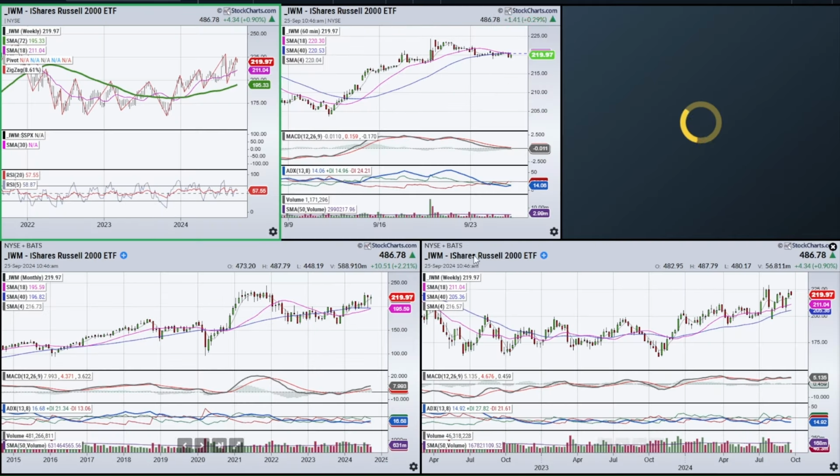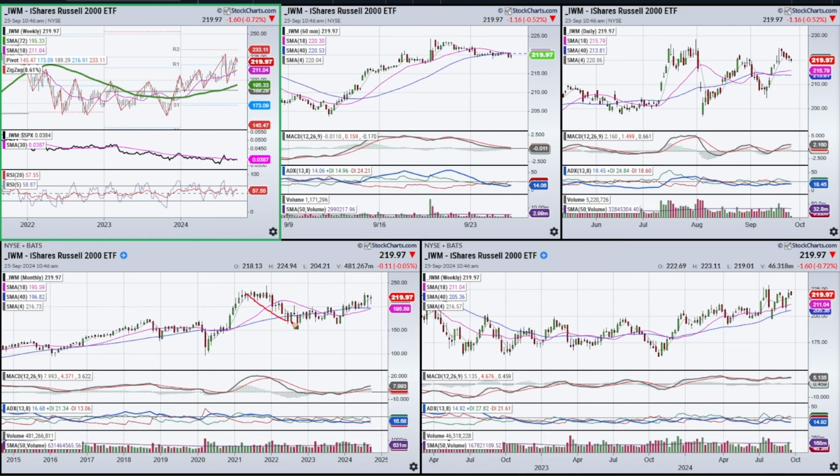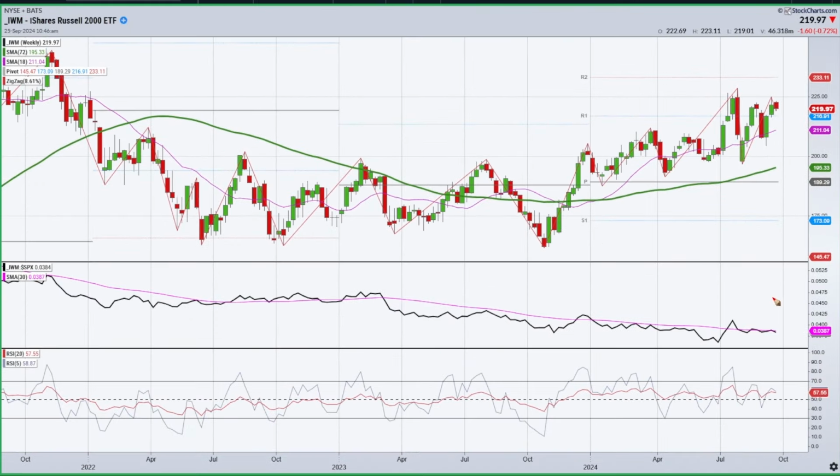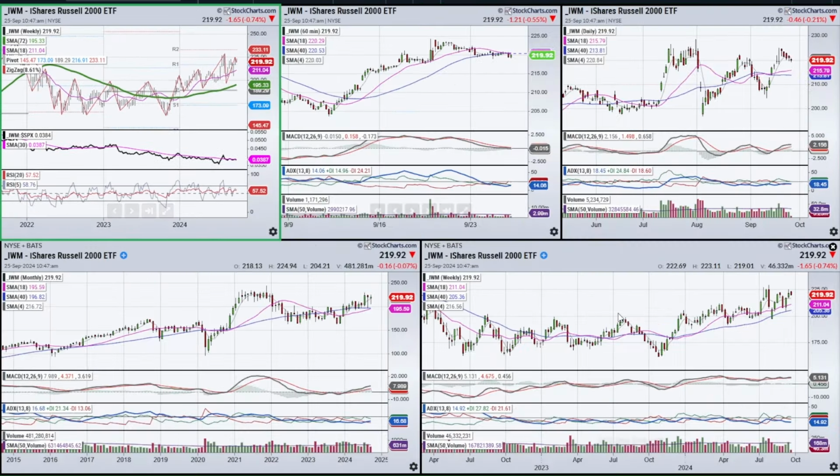All right. Now, on the other end of the spectrum, we've got this basing pattern in the Russell 2000 that hasn't emerged yet. And so we've got this relative strength that needs to break out above this prior high and really shift the trend and have confirmation that the trend has shifted. Before that's going to happen, in my view, I think we're going to need to see strength in the momentum.